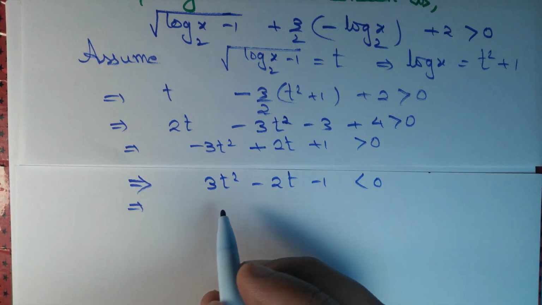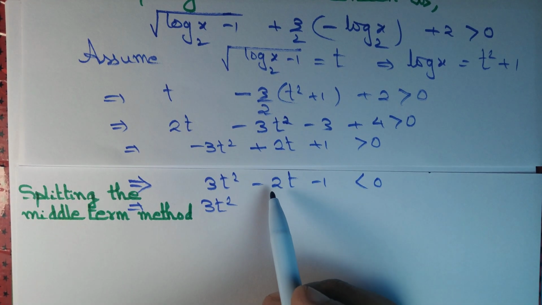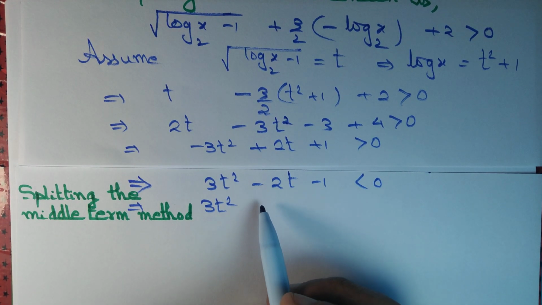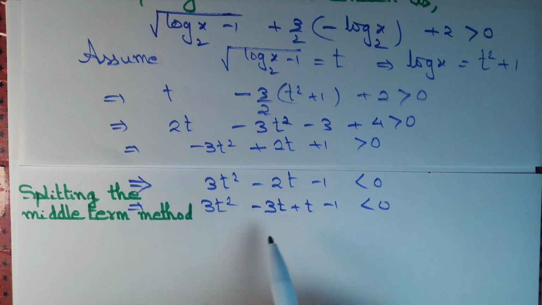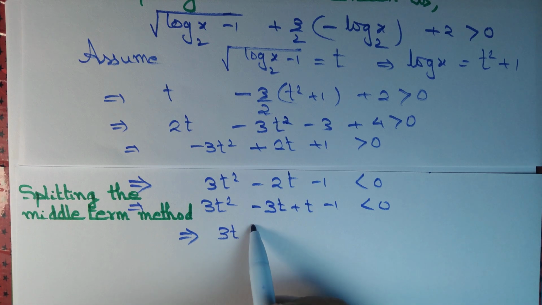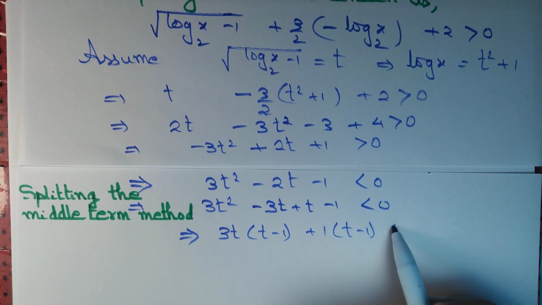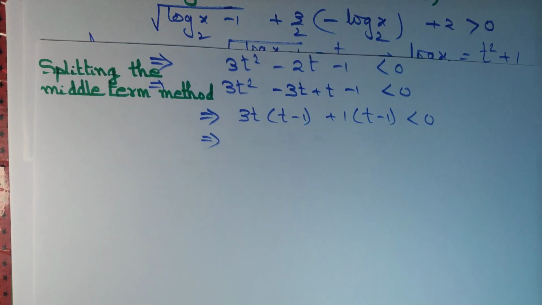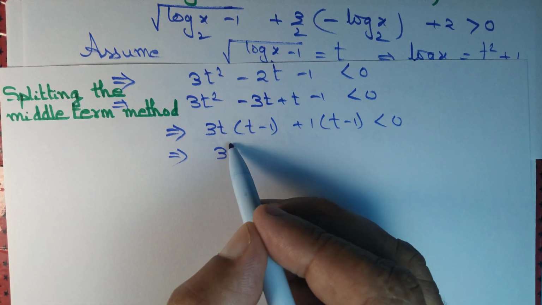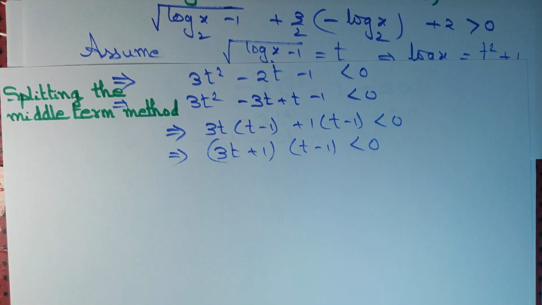Now you see that the left hand side can simply be factorized by splitting the middle term. The middle term is minus 2. Minus 2 can be written as minus 3 plus 1, and minus 1 as it is. We take 3t common and we are left with t minus 1. Take 1 common, left with t minus 1. So we can write this as 3t plus 1 into t minus 1 is less than 0.